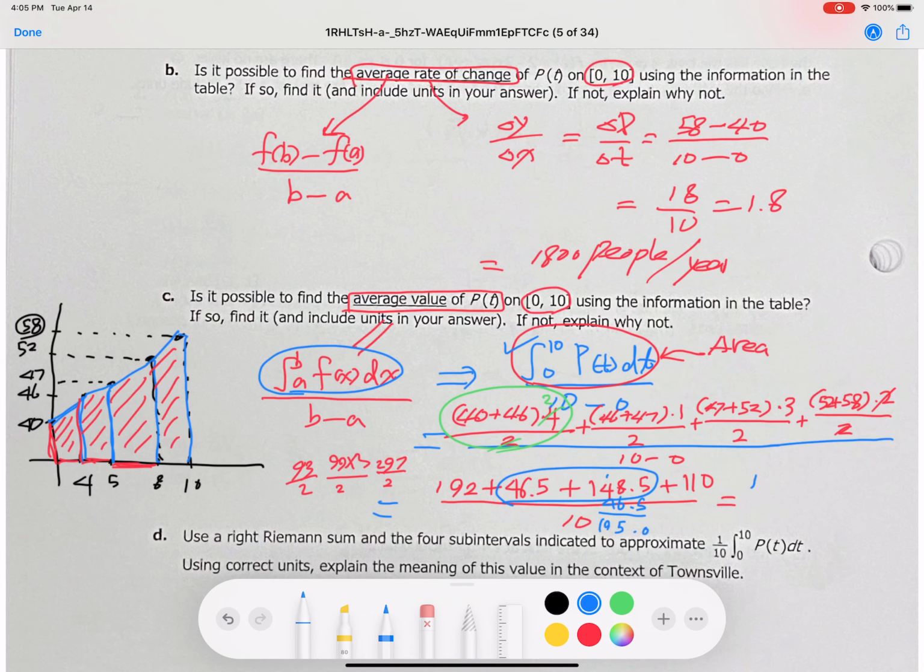So 192 plus 195 plus 110 over 10, which is 387, 490, so 49.7. Oh, see. Okay, you have to double check the numbers, okay?